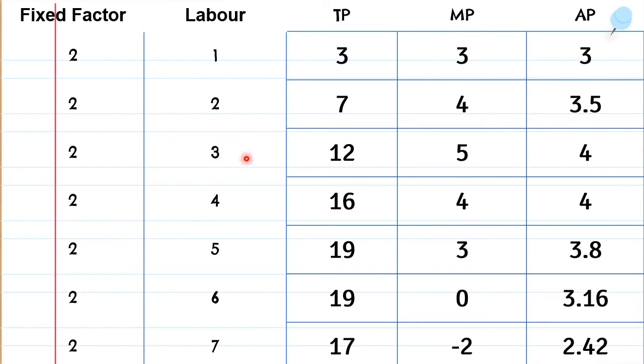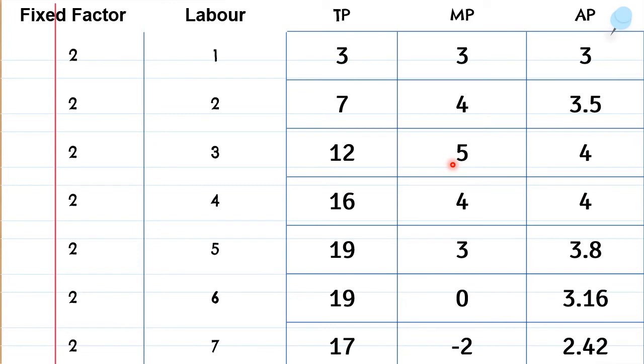So let us see if what the law says is true. Now look here. When the third unit of the variable factor is employed, the marginal product or the addition to the total product is 5 units. But then, when the fourth unit of the variable factor is employed, the marginal product falls from 5 to 4.